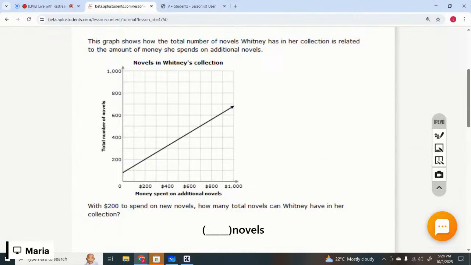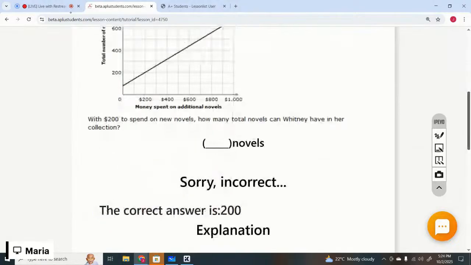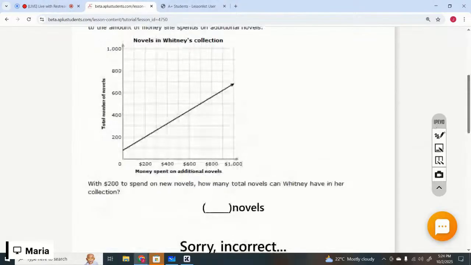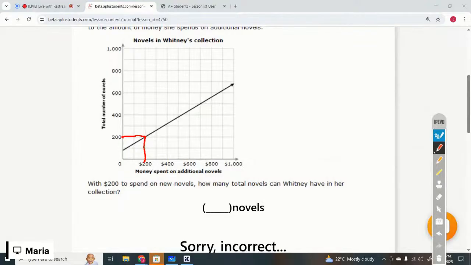Here is $200. Just match it to the y-axis. So with $200, she can have 200 novels in her collection. The correct option is 200.